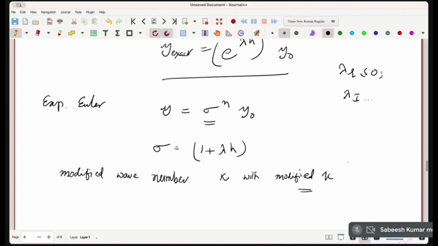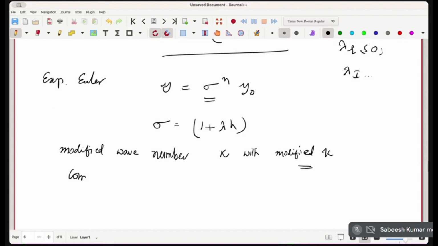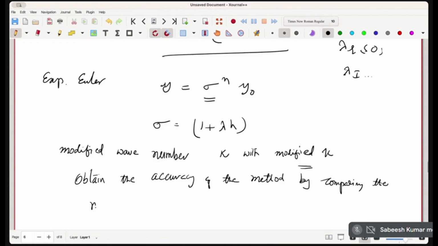So essentially, we can comment on the accuracy, obtain the accuracy of the method, by comparing the numerical solution with the exact solution.